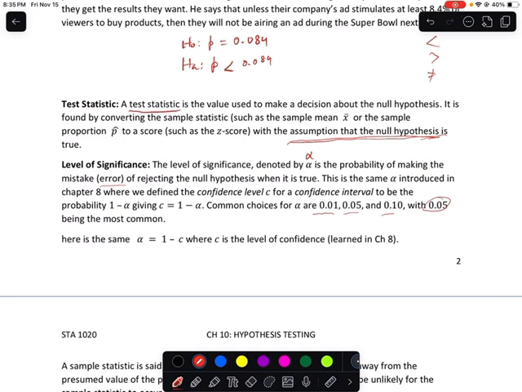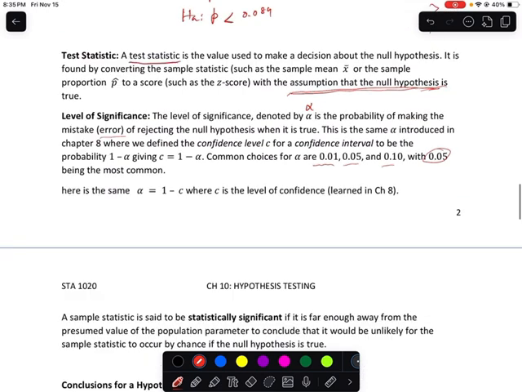Now why did I mention these? Because often in the problem they will mention the alpha or C, one of them, so you can find the other. But if it is not mentioned, then 0.05 should be used for alpha.